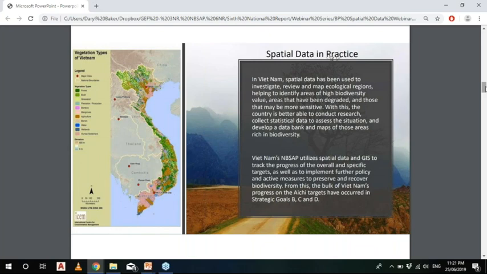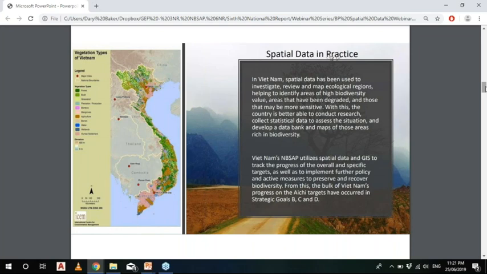Some agencies have some maps and spatial data, the other agencies don't. There are no standard forms of this spatial data, and mostly we just have maps in the format of pictures. So it's quite difficult.